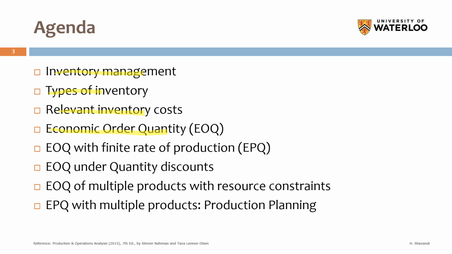And then we will extend this basic model to finite rate production, which is called EPQ, economic production quantity. And we will continue extending the basic model by considering quantity discounts on the EOQ model.